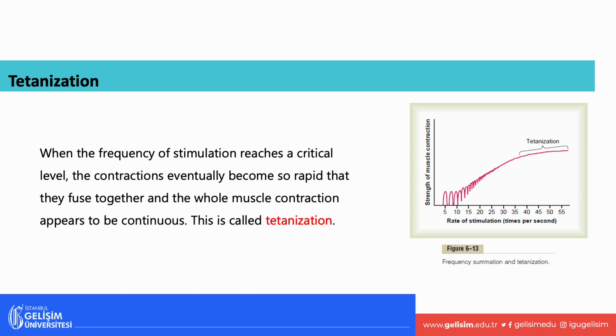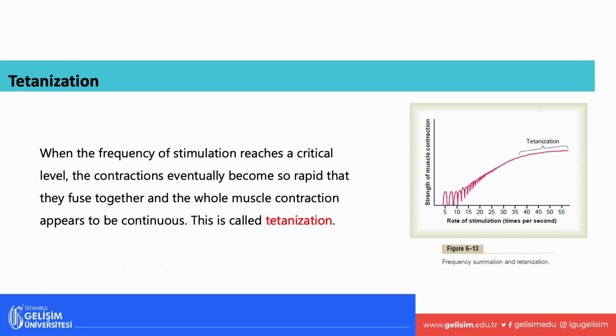Unfused and fused. In unfused tetanus, the muscle fiber is able to partially relax between contractions, resulting in a slightly wavering contraction. In fused tetanus, the muscle fiber is unable to relax at all, and this results in a sustained contraction.